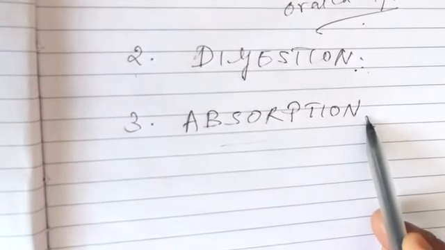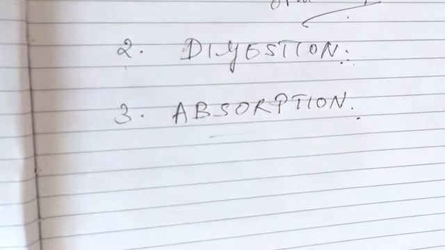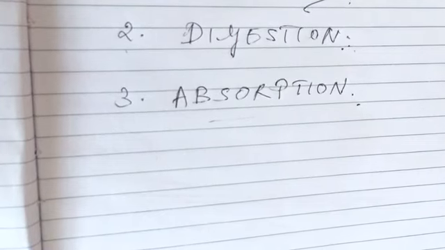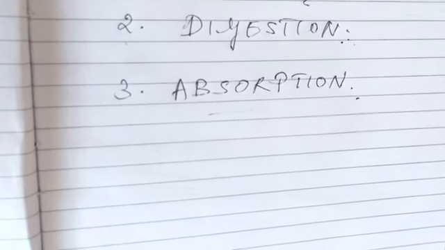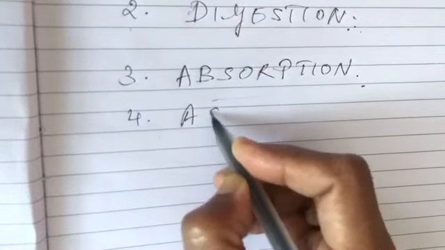In absorption, the simple soluble form of the nutrients gets mixed with the blood, which is happening in the small intestine. And the fourth one is assimilation.